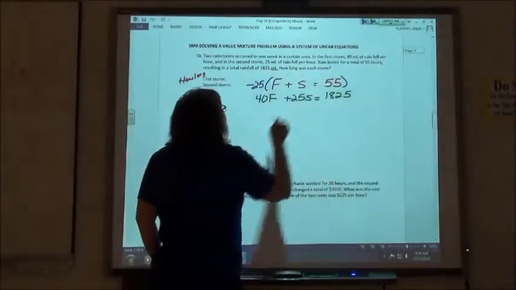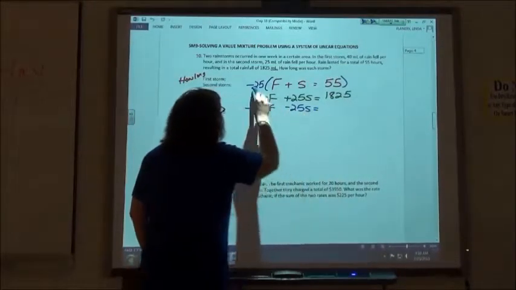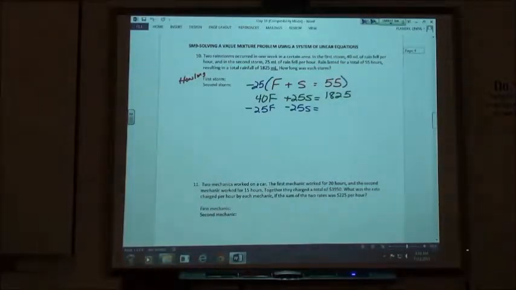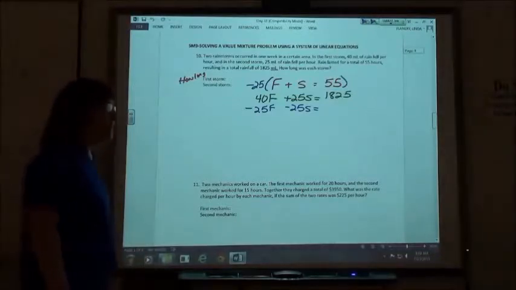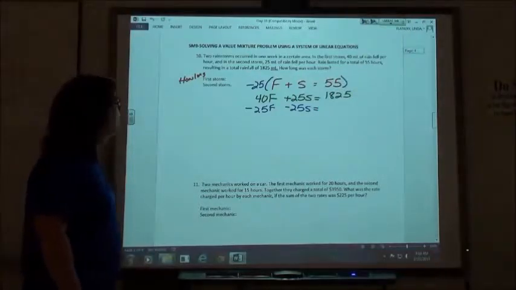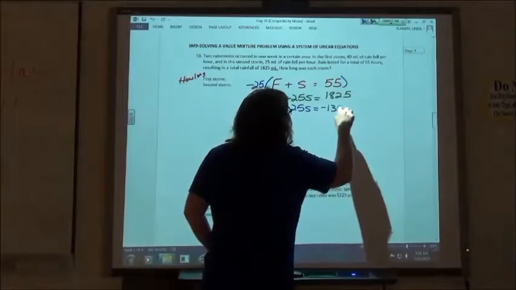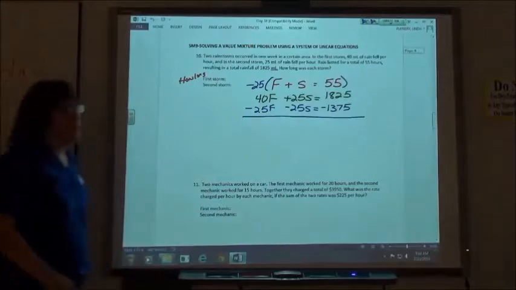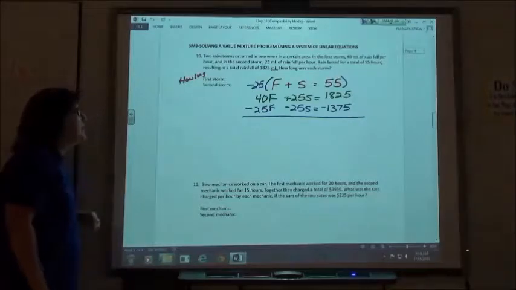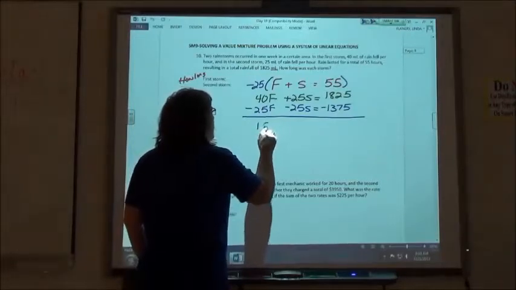So using my distributive property, negative 25F minus 25S equals, and then if you'd multiply negative 25 times 55 for me. Negative 1,375. So adding my equations together, 40 minus 25 is 15F.